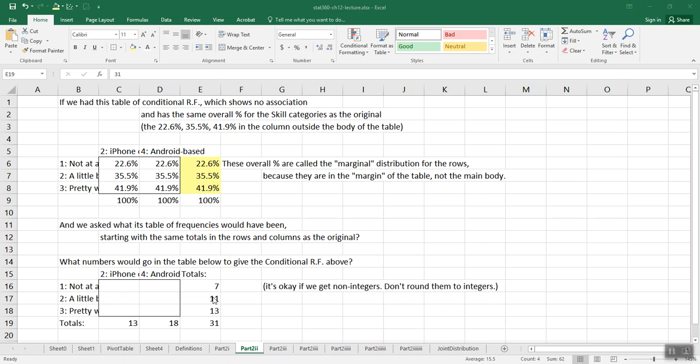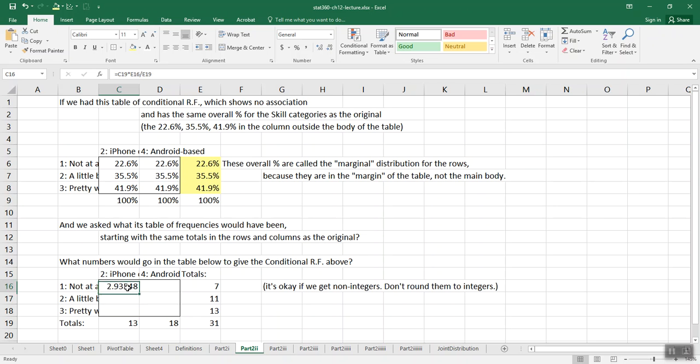Welcome back from pause. Hopefully you were thinking something like, this 22% is 7 out of 31, and I want that 22% to apply to this column where I have 13 people. So I need to do something like 13 people times 7 out of 31. I'm kind of recomputing that 26%.